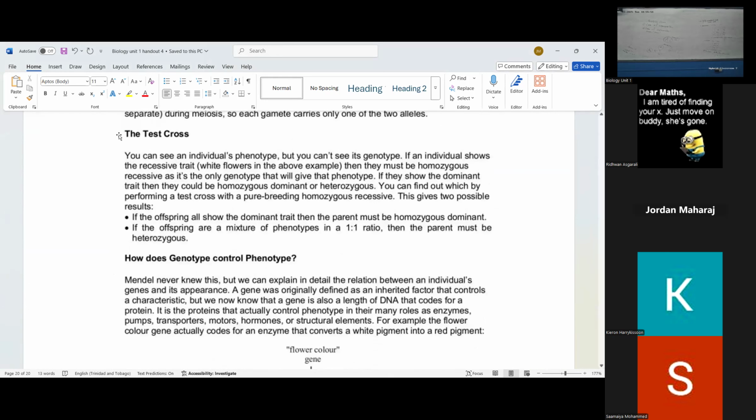Why would you use a test cross? You use a test cross when you want to determine something. In the name, test cross, you're testing for something. We use a test cross, or back cross, when we want to figure out the genotype of the parent generation.